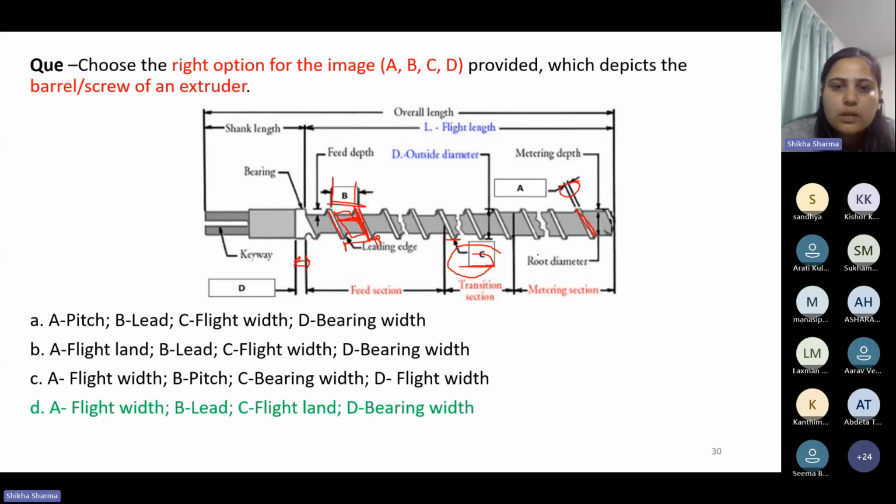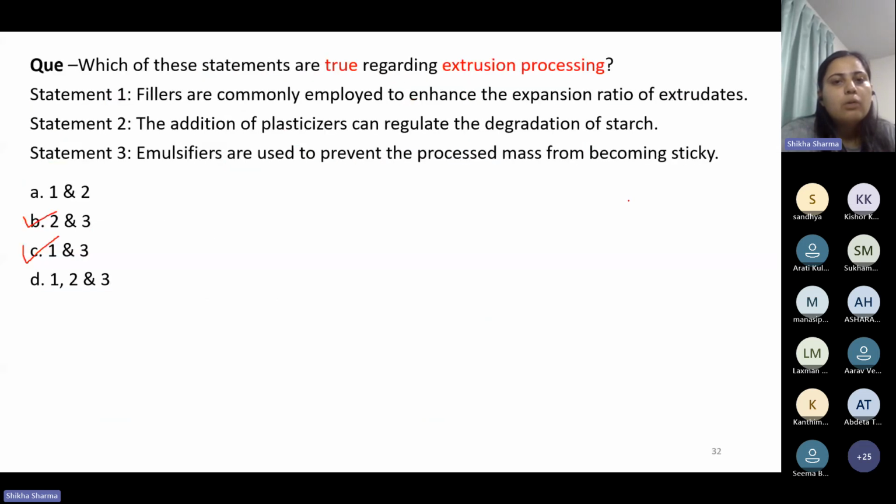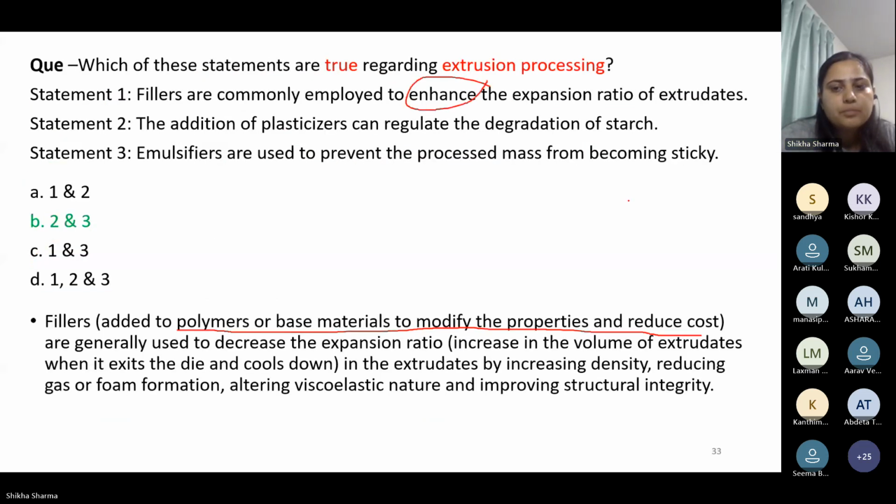Here in the extruder it is under high pressure compression, and when it goes out of the die, the pressure suddenly comes to atmospheric pressure. So from high pressure to low pressure, the product comes out, so it swells.